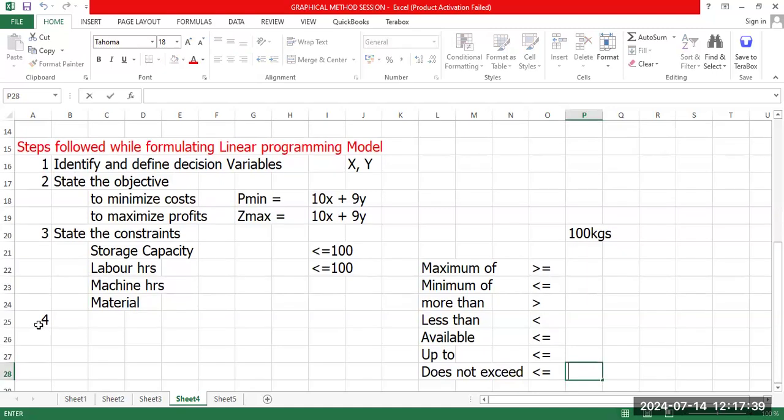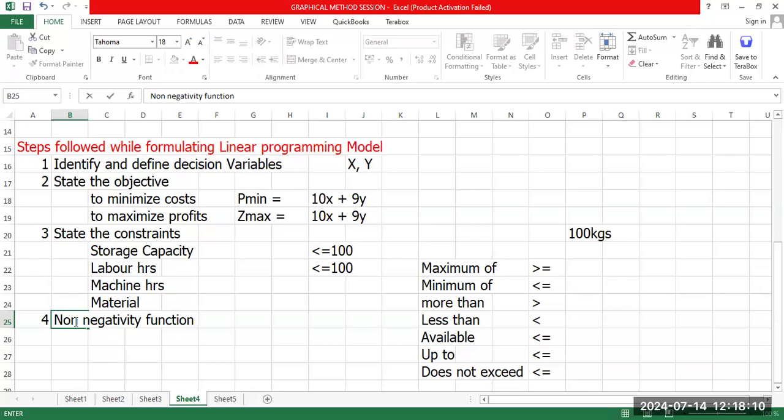So step four, once you state your constraints, step 4 will be to state non-negativity. When we are dealing with linear programming, we don't expect negative values.